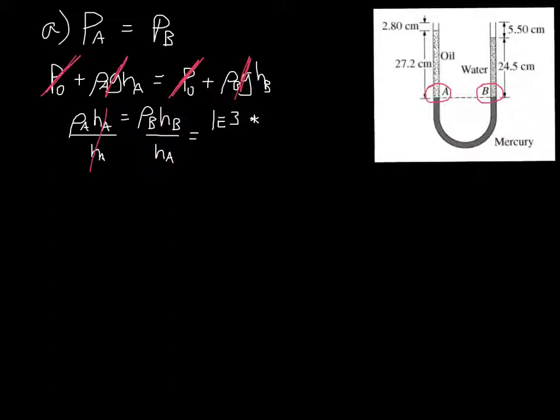Doesn't matter, you get the same answer either way. So 0.245 meters divided by the height on side A, which is 0.272 meters. And when you plug all that in, you'll get an answer of 901 kilograms per meter cubed.